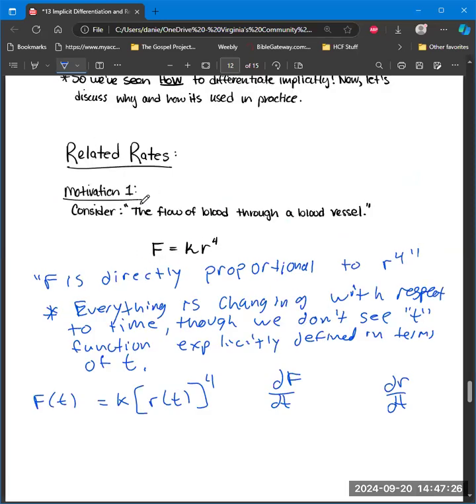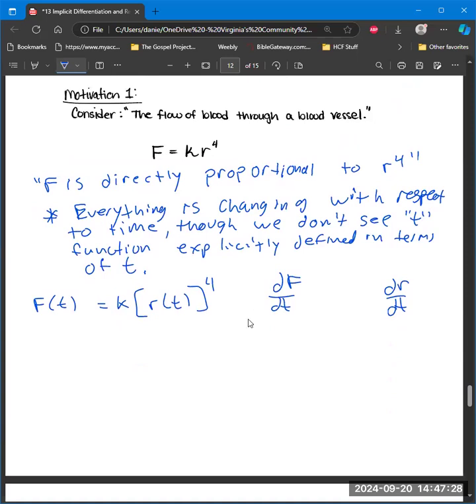So let's see if we can take this original equation, differentiate both sides implicitly with respect to t, and see if we can find a relation there that relates df dt to dr dt. So differentiating with respect to t implicitly, I get df dt on the left.